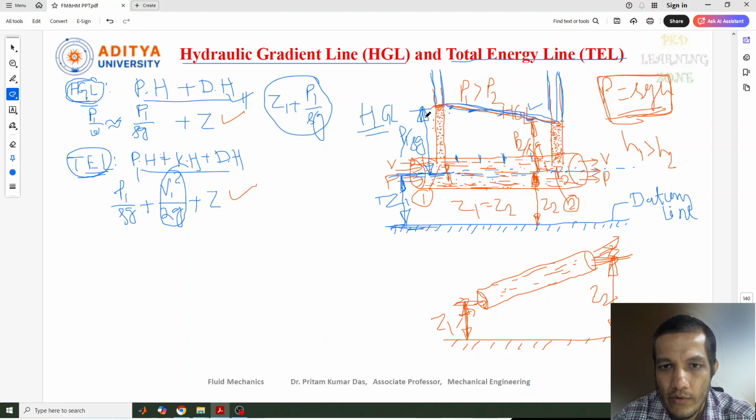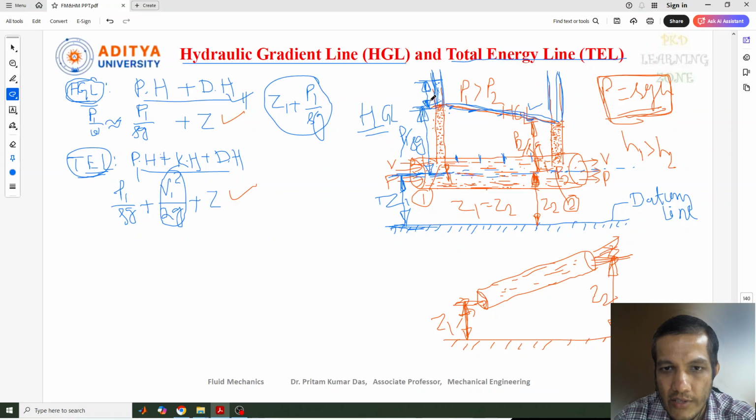Along with this datum head and the pressure head, due to the velocity of the fluid there will be a rise in height. This rise of height due to the fluid velocity will give you a value here.